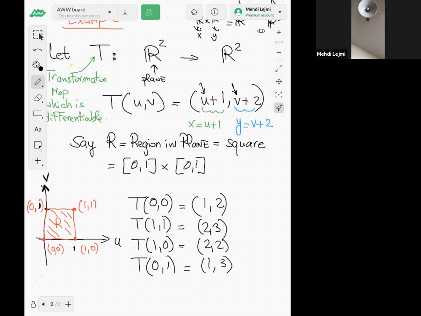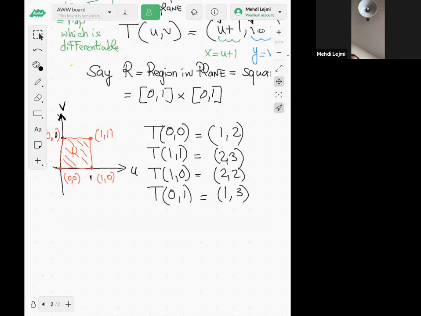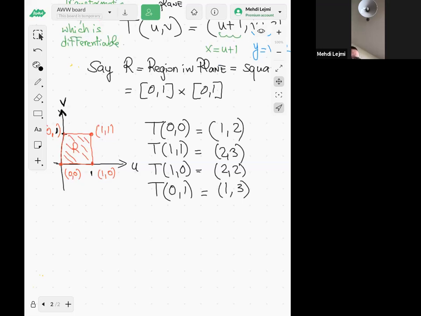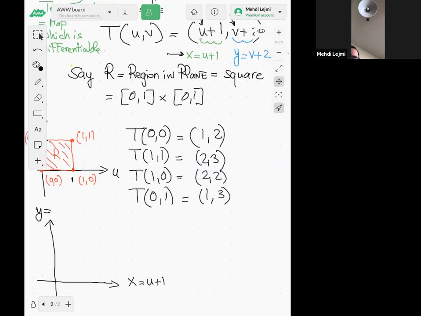Right. So the image of the square under this transformation T would be, so here I was using u and v coordinates. Now I'm going to use x and y coordinates. Here's the x axis, and as I said, x is equal to u plus 1. And here is the y coordinate, y is equal to v plus 2, right?